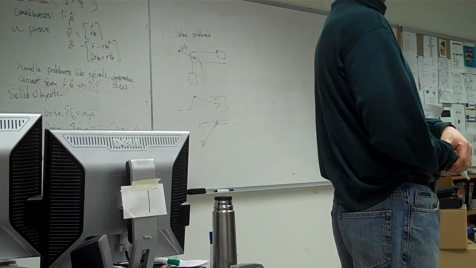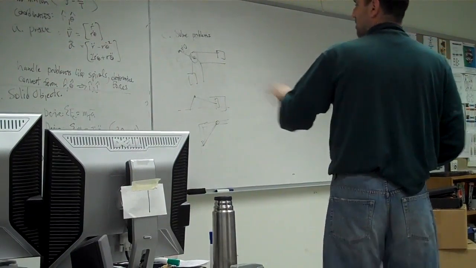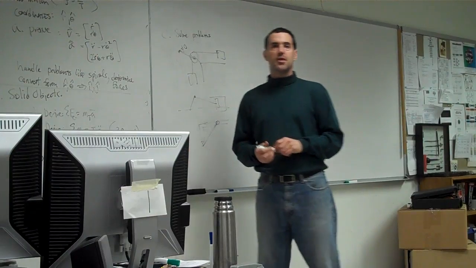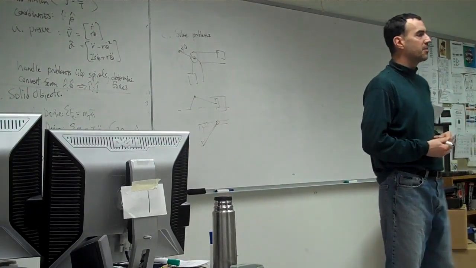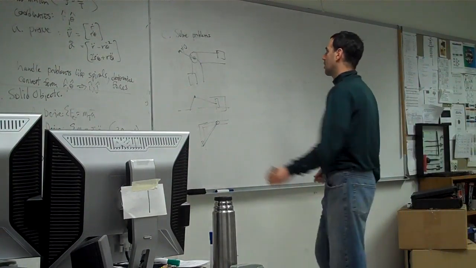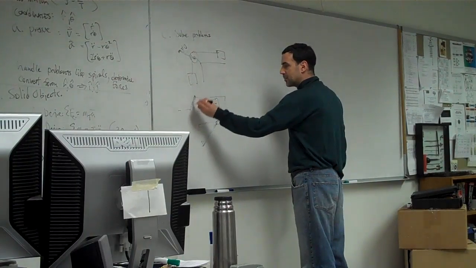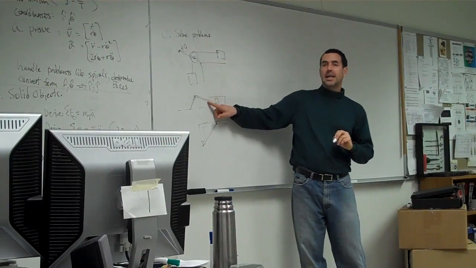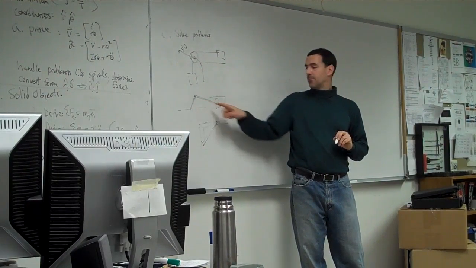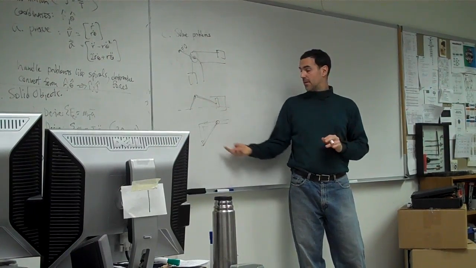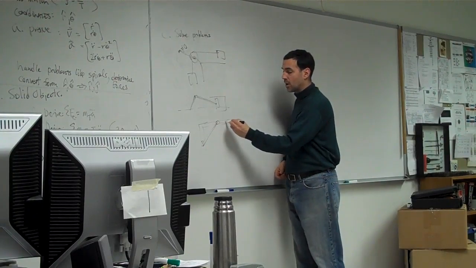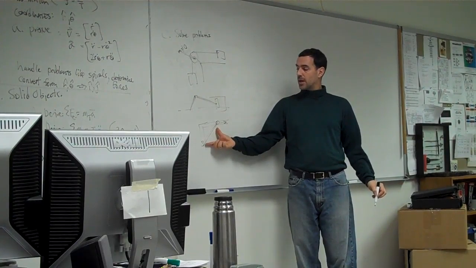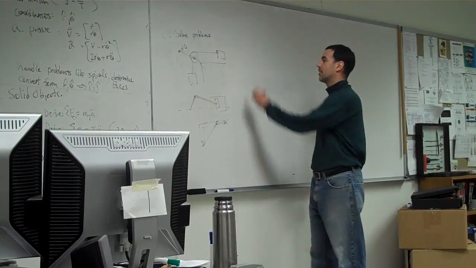So any solid object that goes into this type of problem is an object that is rotating as well as moving. This beam right there, that beam right there, they're both rotating. This one's rotating and moving, that one's only rotating. The piston, though, is only moving. This beam right here, if this wheel were moving to the right, is rotating and moving.